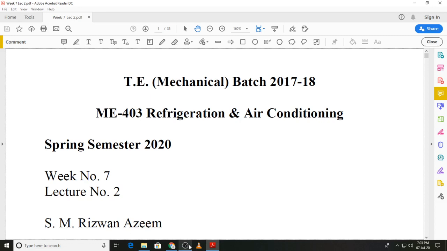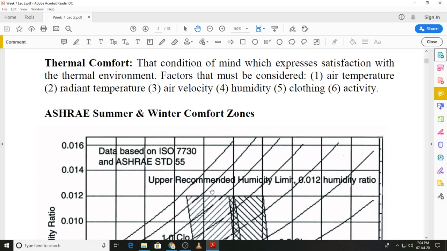And before I move on to the cooling load estimation process, let's talk a little about what is meant by thermal comfort. Now, thermal comfort is largely a state of mind that is separate from the equations for heat and mass transfer and energy balances.